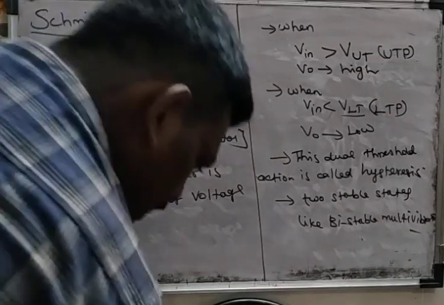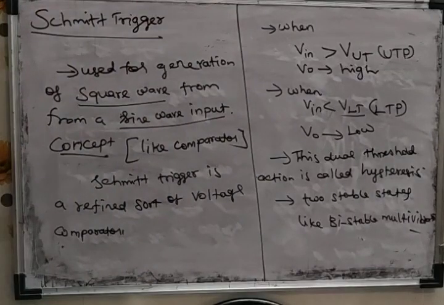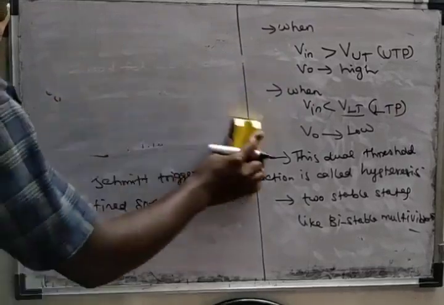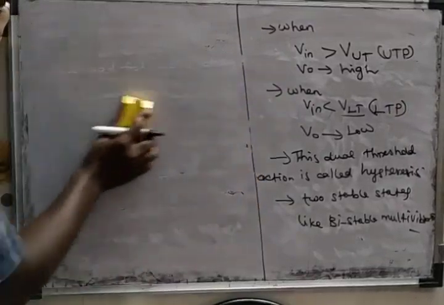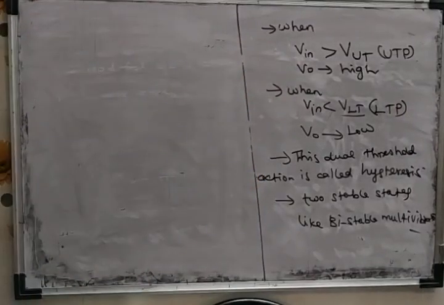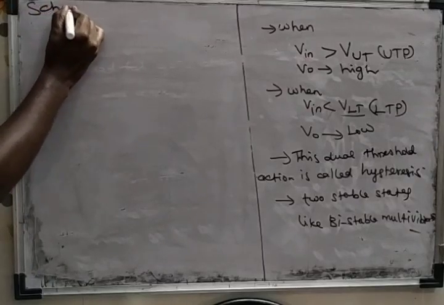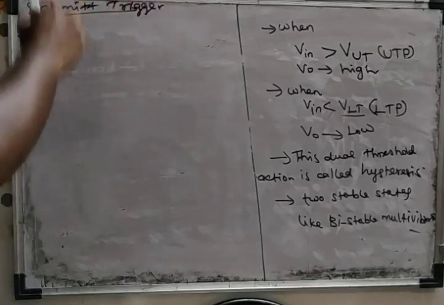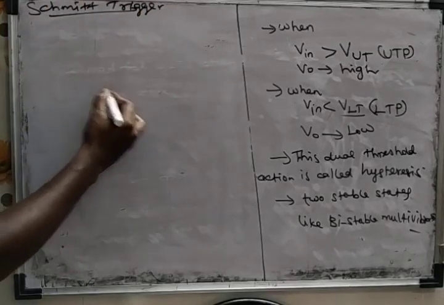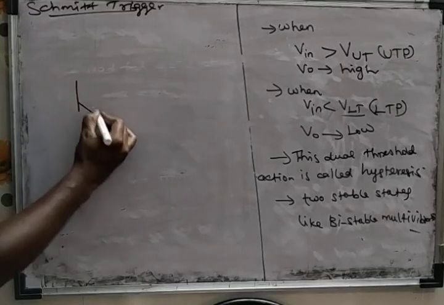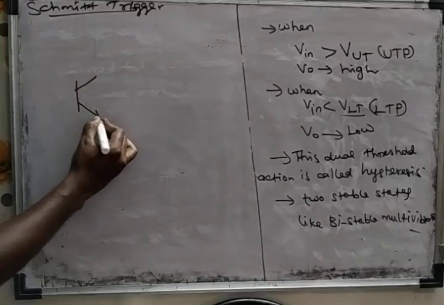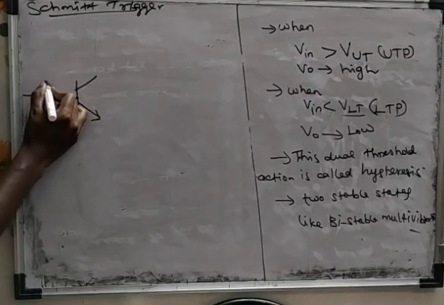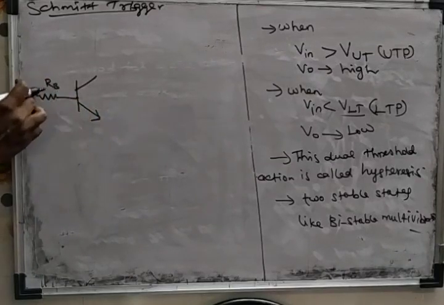Let me show the circuit diagram of the Schmitt trigger circuit. We are applying the sinusoidal input waveform to transistor Q1 through a base resistance RB.